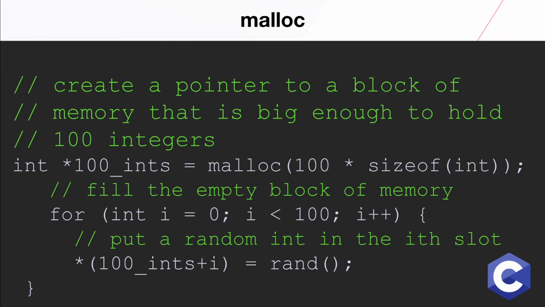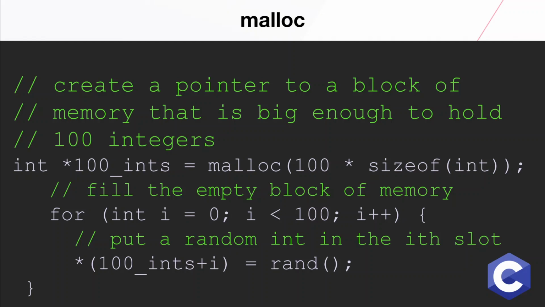Okay, so I'm saying, okay, take the initial pointer, the pointer to the first block of memory, increment it by i. Depending on which integer I'm inserting, I need to shift over a few slots, right? We're not always going to be inserting at the first block of memory.